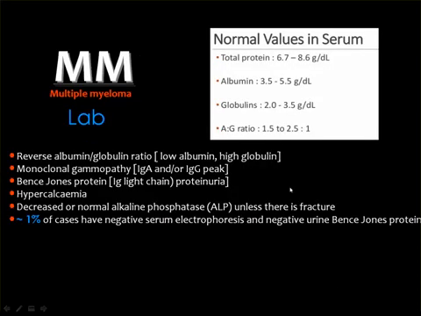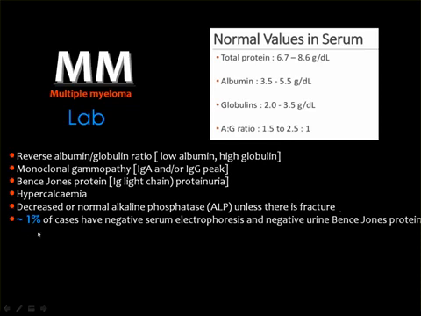And for the laboratory findings, you can get a reversed albumin globulin ratio, and these are the normal figures in the normal candidate. Then you may get monoclonal gammopathy like an IgA and or IgG peak, Bence Jones proteins in urine, hypercalcemia, and decreased or normal alkaline phosphatase level unless there are fractures.